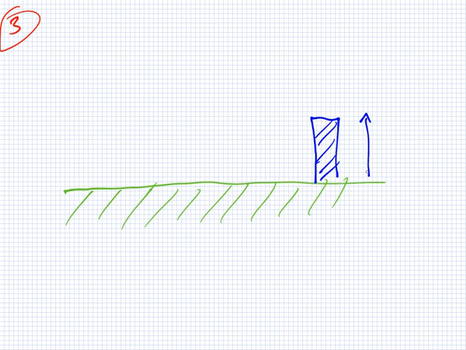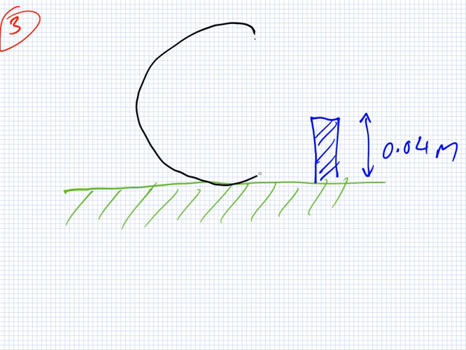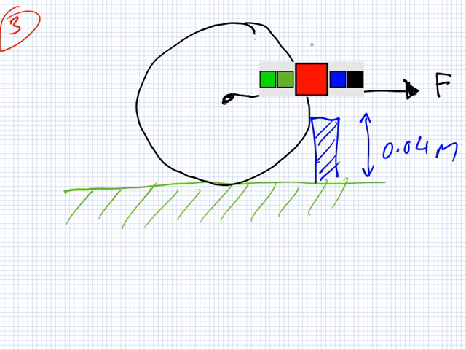So this distance here is 0.04 meters. Okay? And then what you have is a big cylinder, and it's being dragged across here by a force F. And what will happen is it will roll over the wall, of course.